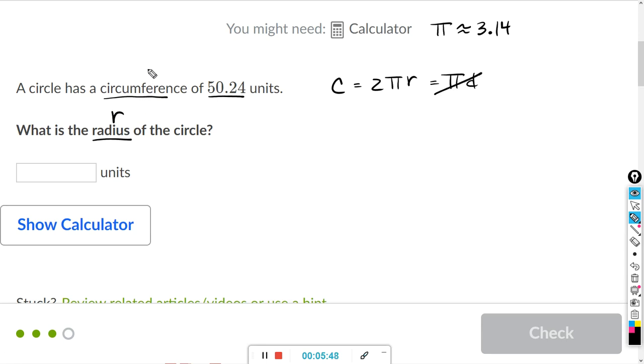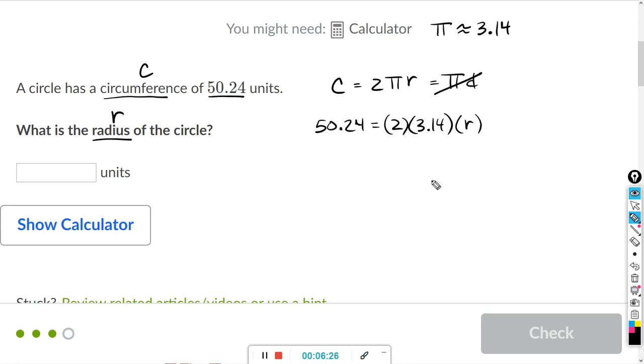The circumference, we know that's C. So in place of C in the formula, I'm going to plug in 50.24, and that equals 2 times pi, which is 3.14. Again, you have to use 3.14. You can't use the pi key on the calculator. And finally, that's times R.